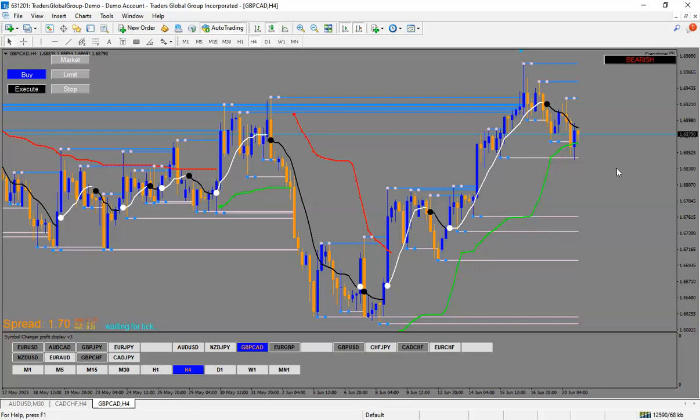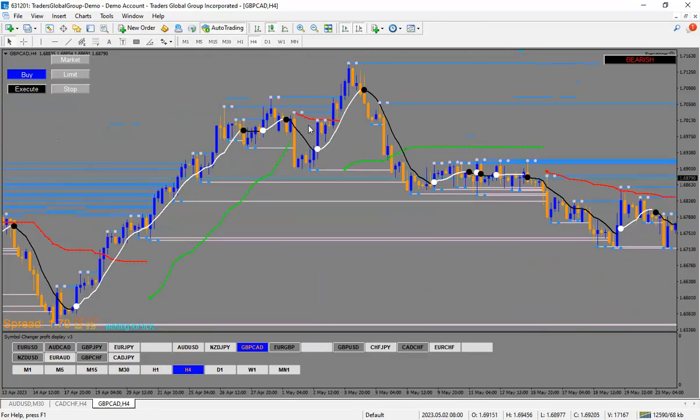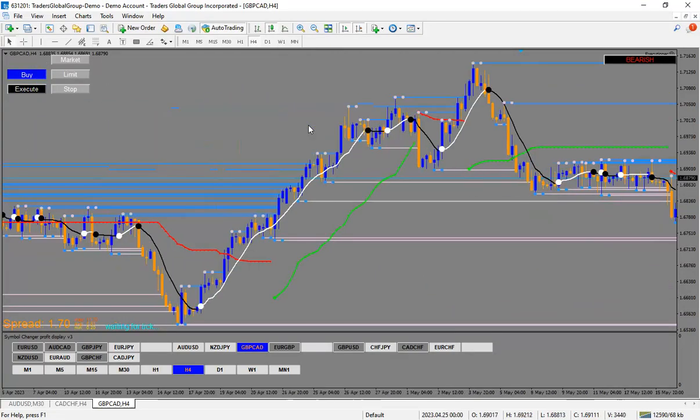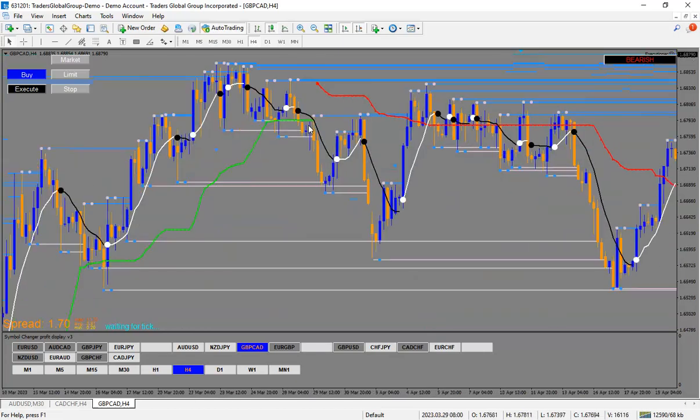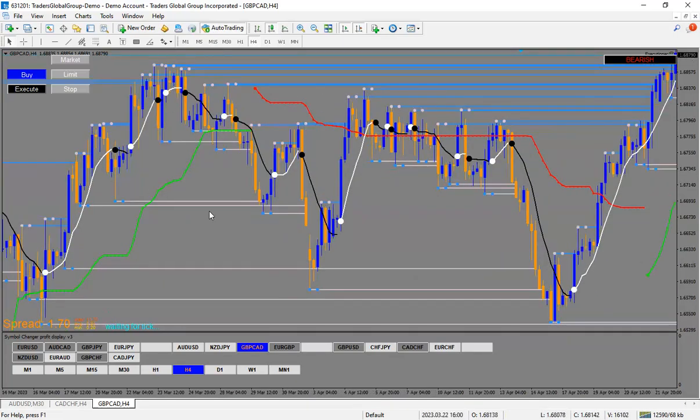Yeah, I understand what you're trying to say. But what you should know is that once the TD turns to red, it doesn't change again. There are some times where price just picks you, and it hits stop loss. If it doesn't hit stop loss here, you see that it has already changed to red.